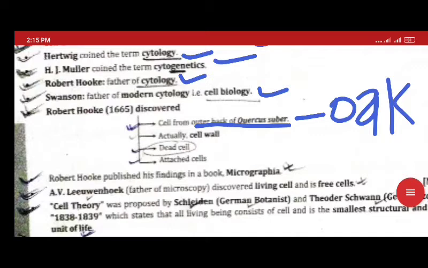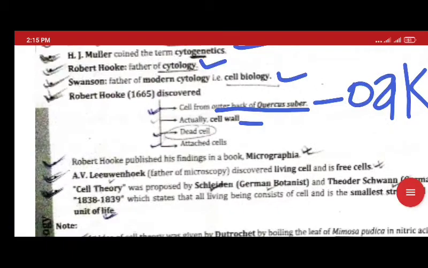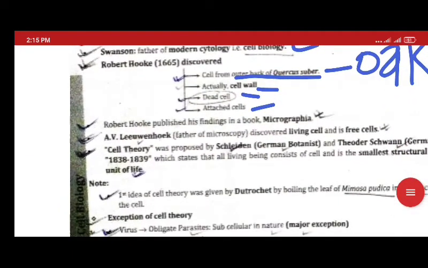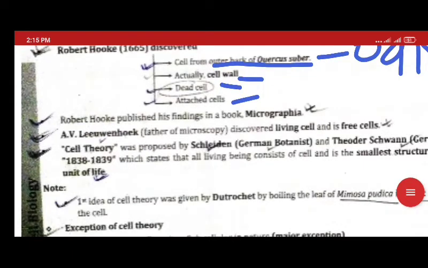From this plant the cell wall was found, and that cell wall, we know, is dead. Robert Hooke published this about the cell wall of the cell from the oak tree in the book Micrographia.